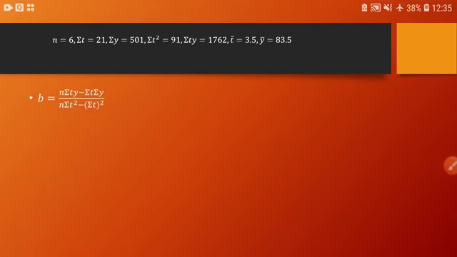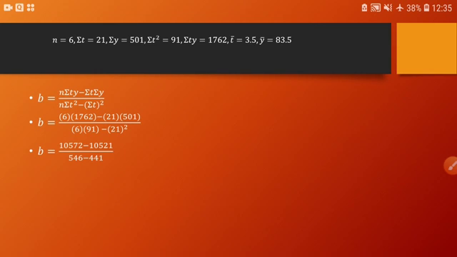Now we will find b. B is equal to n sigma ty minus sigma t sigma y, upon n sigma t square minus sigma t whole square. So your b is 6 into 1762 minus 21 into 501, upon 6 into 91 minus 21 square. B is equal to 10572 minus 10521, upon 546 minus 441.